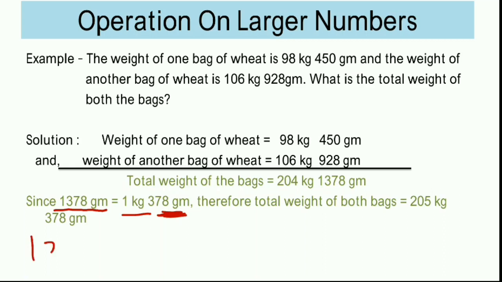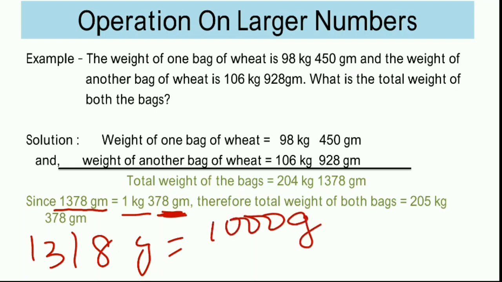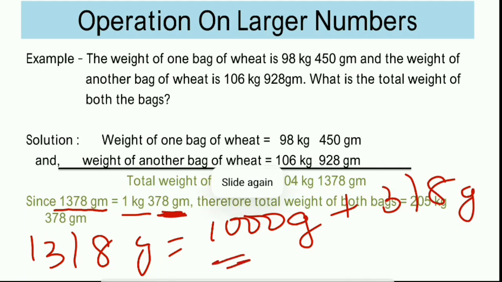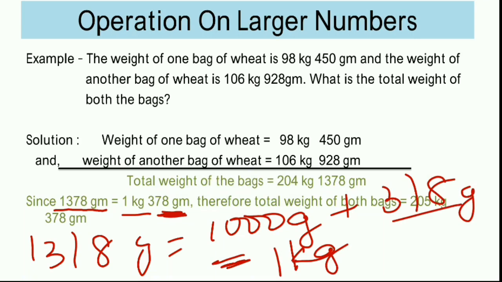How? 1378 gram is 1000 gram plus 378 gram, and we know that 1000 gram means 1 kg, and 378 gram will be written as it is.